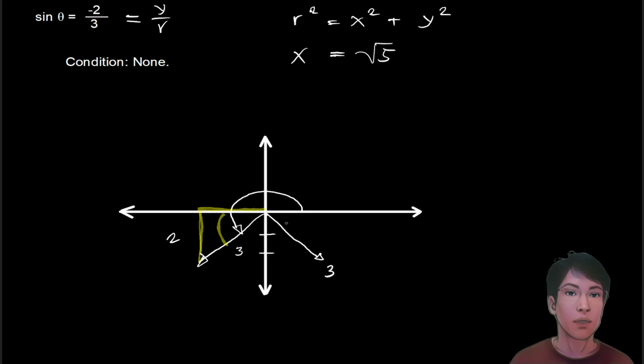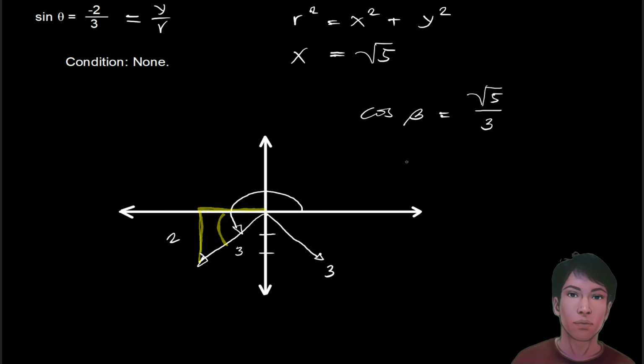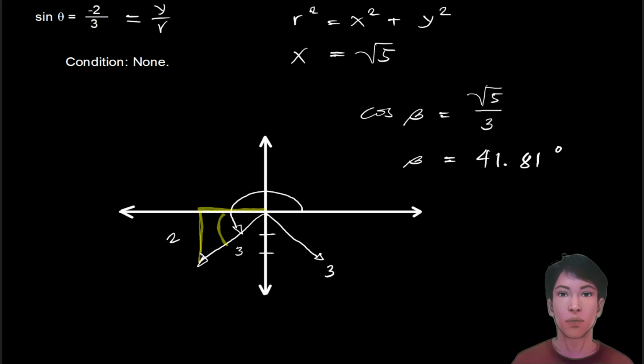In this case, same thing: cosine beta will be square root of 5 over 3, and beta is 41.81 degrees.